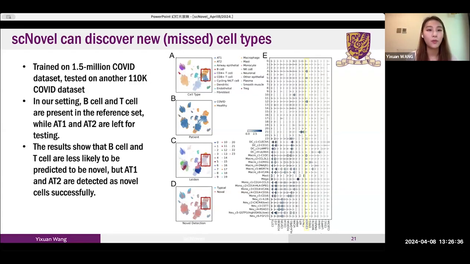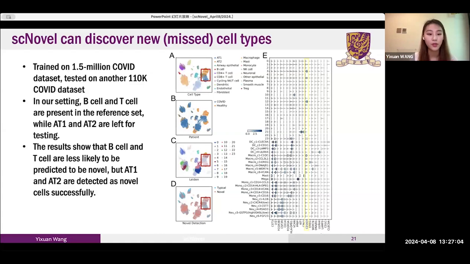We then want to discover whether scNovel can detect new or missed cell types. We adopt this million-scale COVID atlas as the reference and query on another COVID dataset. In our setting, the B cells and T cells are present in the reference set, while B1 and B2 are left for testing.